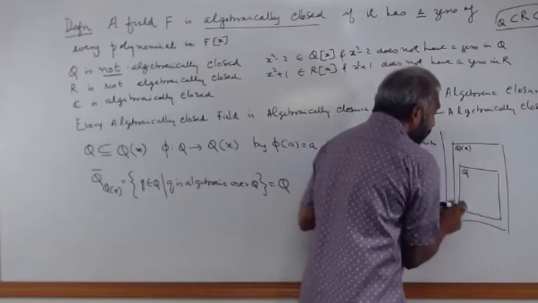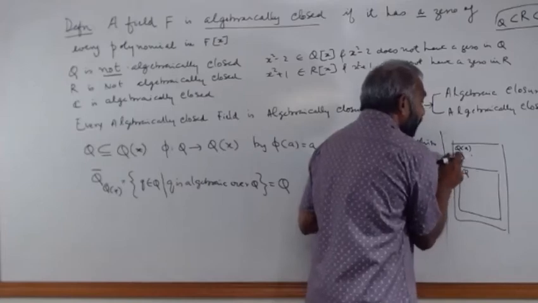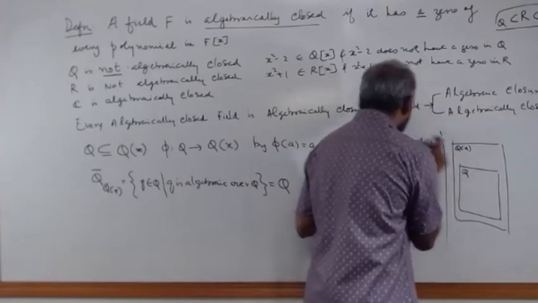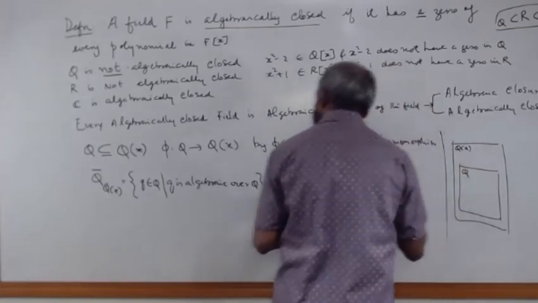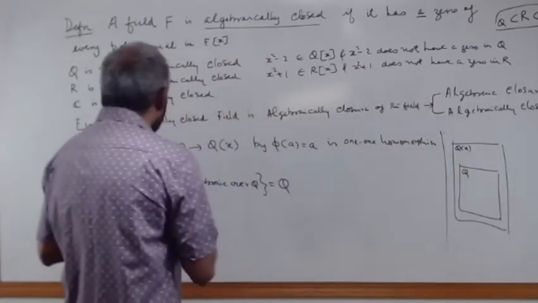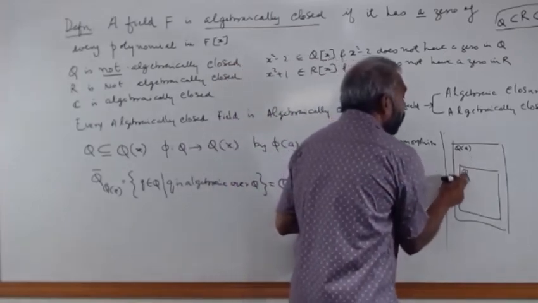Here are all constant polynomials, and outside this is non-constant polynomial. So those non-constant polynomials are actually not algebraic over Q.